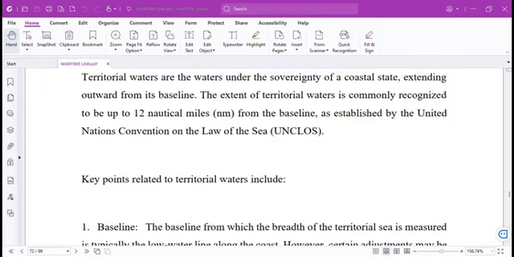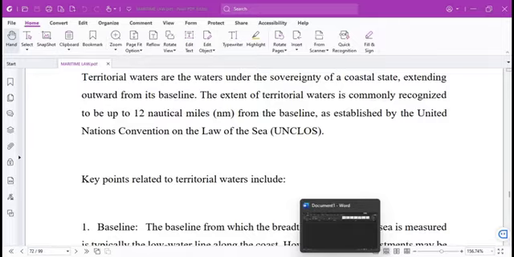There are key points related to water, especially the territorial water. I want to talk about the key points related to the territorial water.